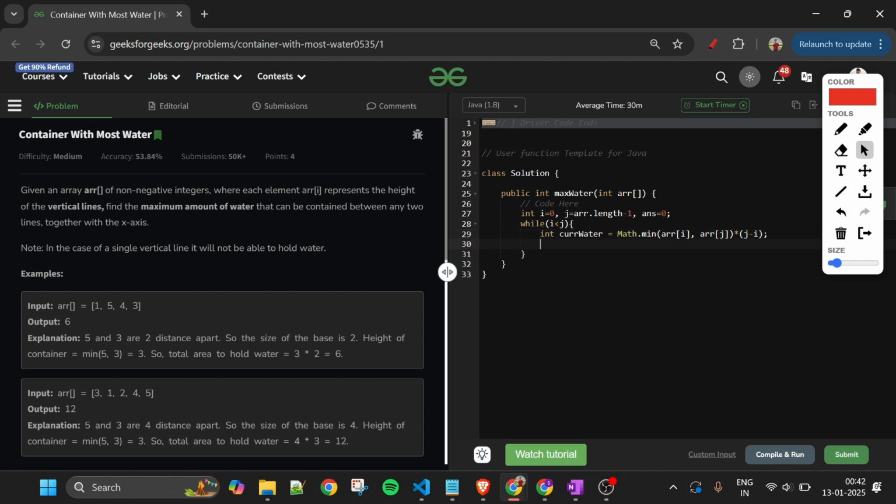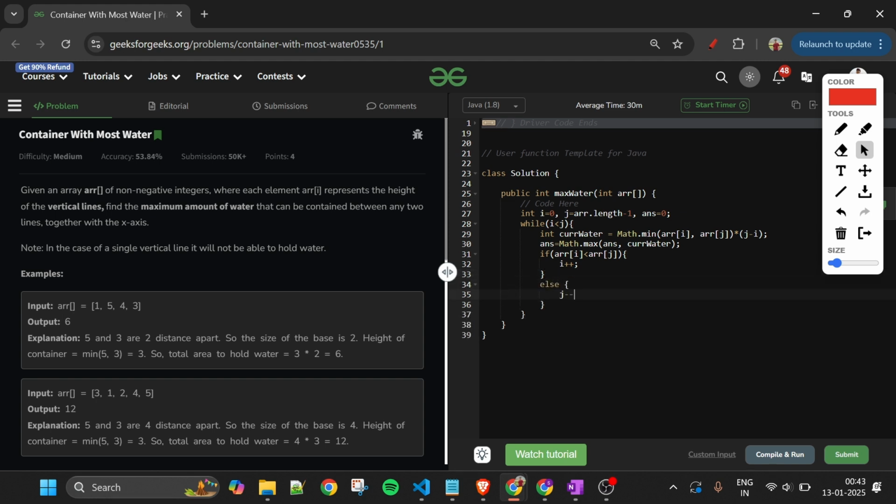Okay, and now, it is my current water. I will check if my current water which I can store is greater than answer. I will update it. So answer is equal to Math.max of answer comma current water. Okay, all right. And after that, as I've already told, if arr[i] is less than arr[j], I have to increase my i to maximize our answer.